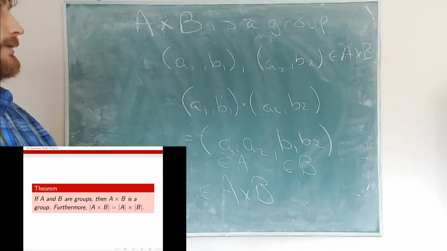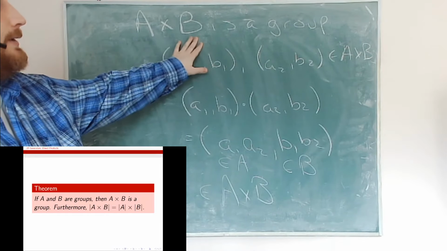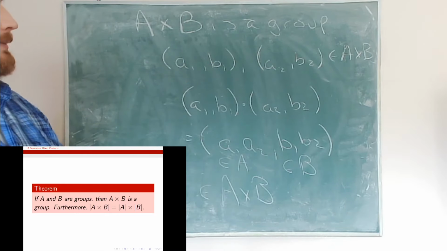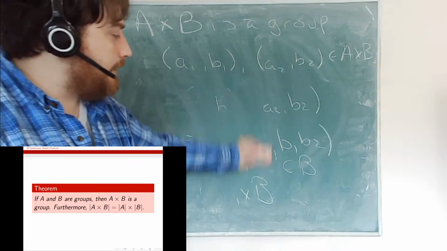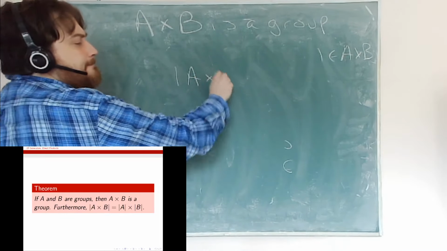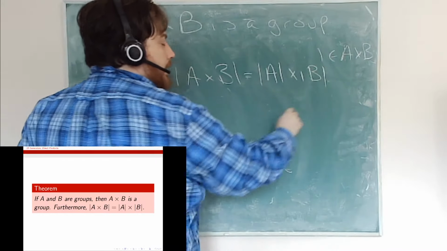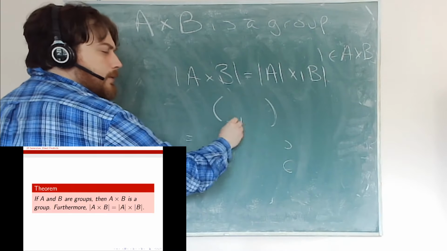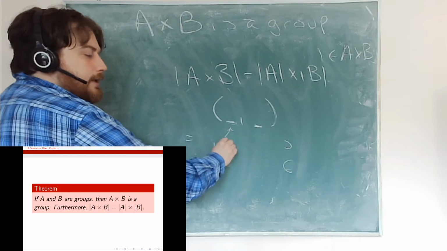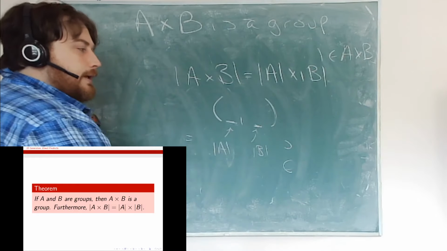Correct. The cardinality is just the number of elements in the group. So if I had 5 elements here and 10 elements here, then the cardinality of A cross B would be 5 times 10, so I'll end up with 50 elements. And just a quick run through of why this is true: all my elements are of the form something in A, something in B. So I get the cardinality of A choices for the first entry and the cardinality of B choices for the second entry.